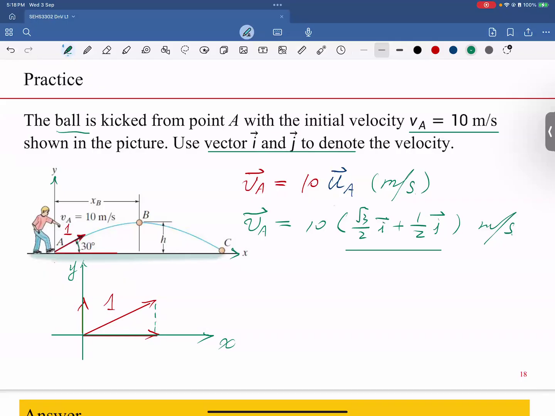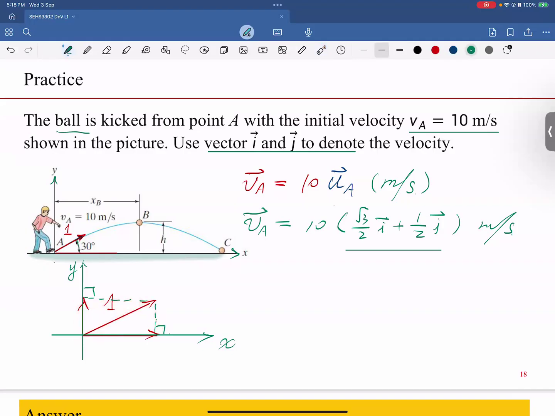By projection, this is a right angle. Same thing, we have a projection onto the y-axis. This is also a right angle. So we got two right angle triangles, right? This one and this one.